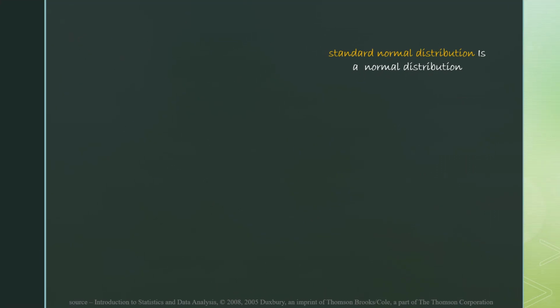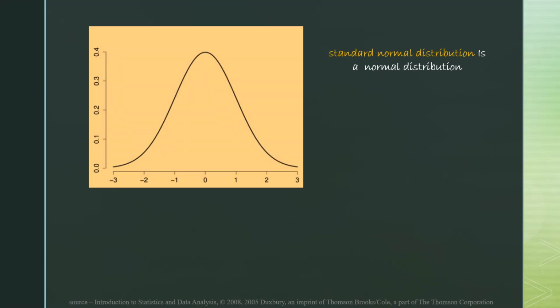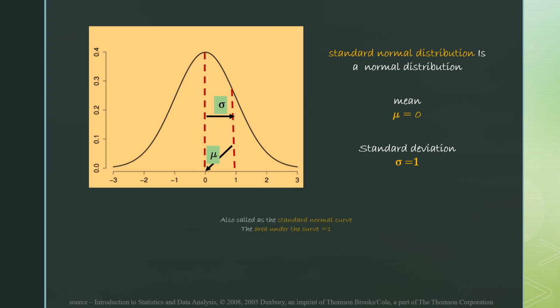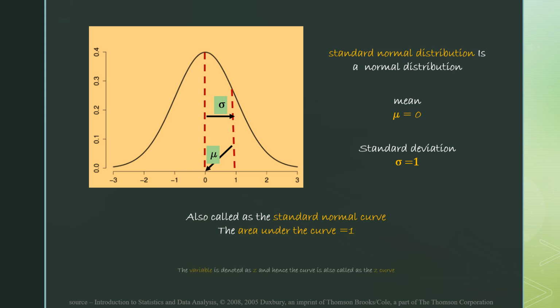Standard normal distribution is a normal distribution whose mean value mu equals 0 and the standard deviation sigma equals 1. Also called the standard normal curve, the area under the curve equals 1, as in the case of any probability density distribution including the normal distribution. The variable is denoted as z, and hence the curve is also called the z-curve.